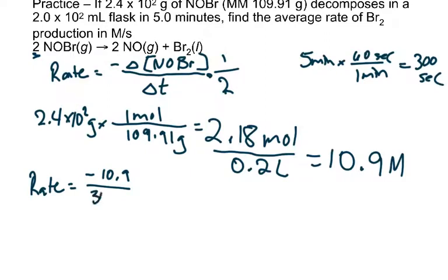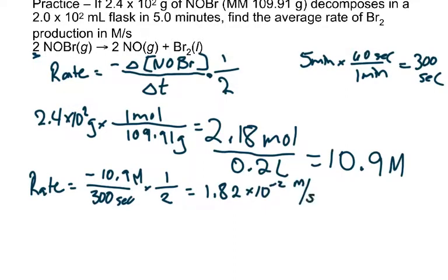So divided by 300 seconds times my 1/2 gets me a rate of 1.82 times 10 to the minus 2 molarity per second. And this is defined as a negative, and then I lost my 10.9 molar, and so I end up with a positive number.